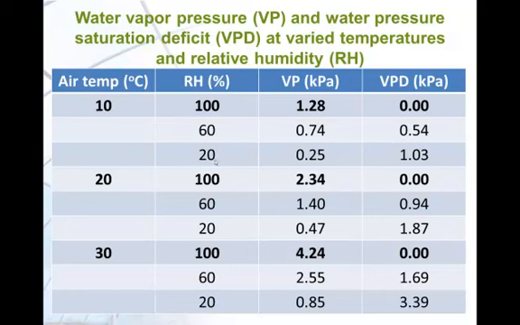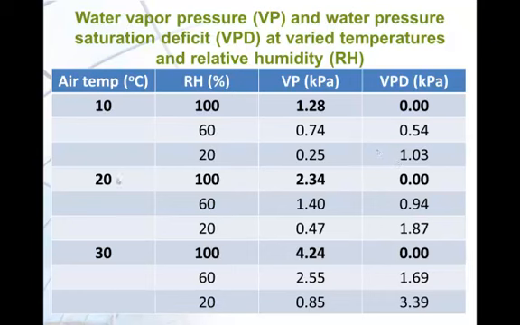Humidity 20% is 20% of the saturation, therefore 0.25. The VPD is the difference between saturation and current, so 1.28 minus 0.25 is 1.03. So note that as humidity decreases, VPD increases, because VPD is the capacity for holding more moisture at that temperature.